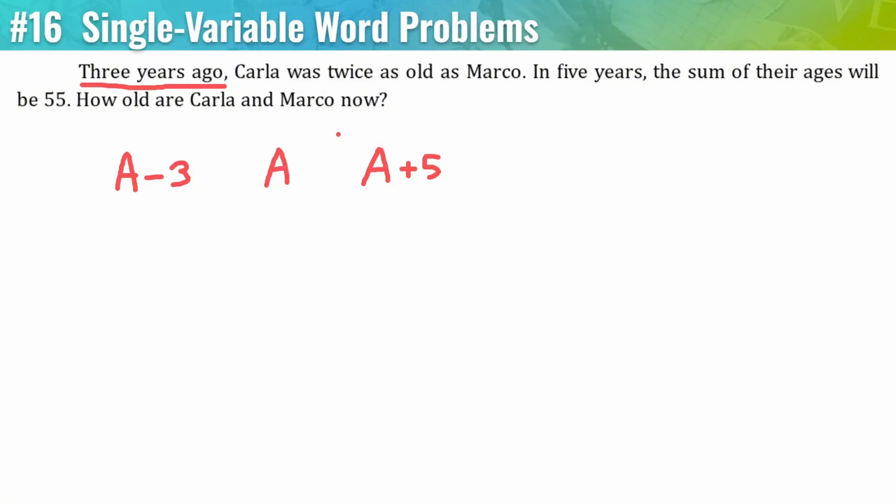So let's see, how do we represent this? 3 years ago, Carla was twice as old as Marco. So Carla is going to be twice as old as Marco. We don't know how old Marco is, so we can represent that as x.